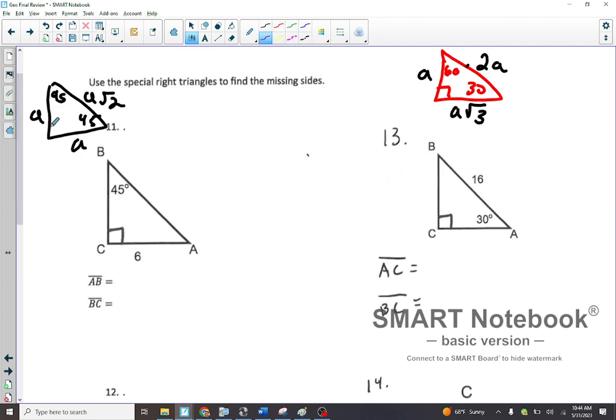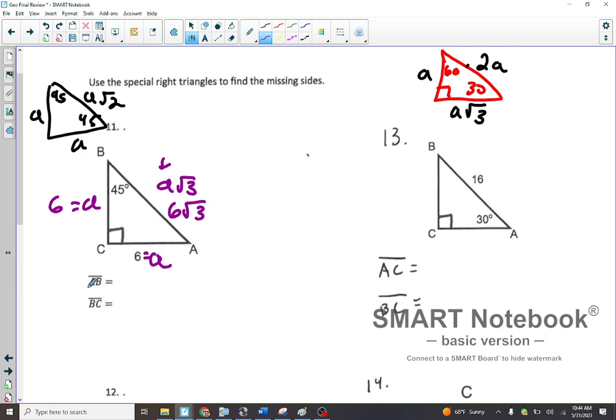So since I know 45, 45, 90s are A, A, A root 2, in this case, what's my A value? It's just 6. So this A value is also just 6, and this is 6 root 2.